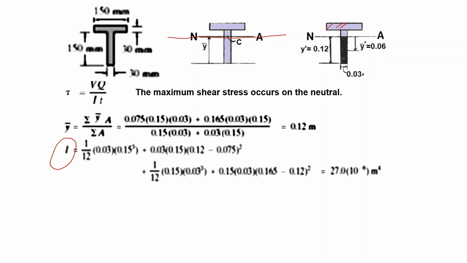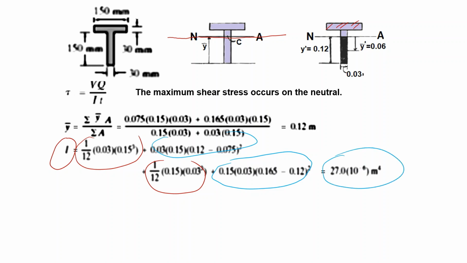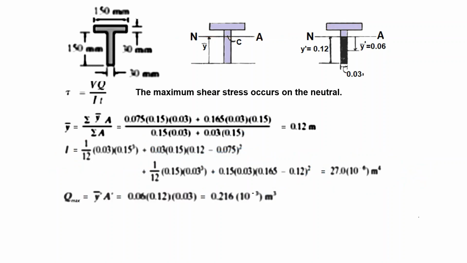So each area has its own I value, and this value has to be shifted to the neutral axis, as we know from our previous videos, and at the end we have the moment of inertia for the section according to the neutral axis.